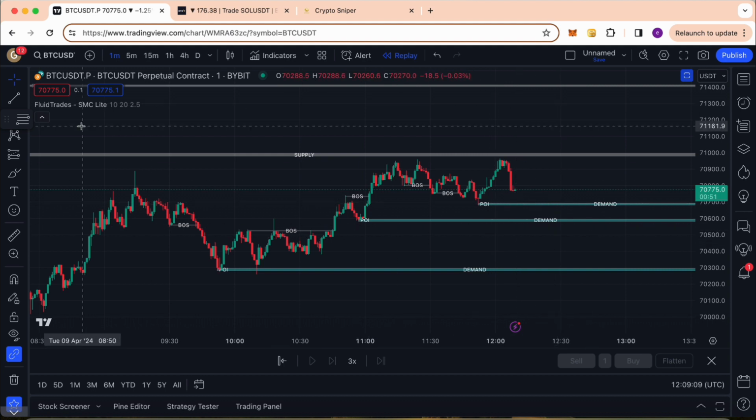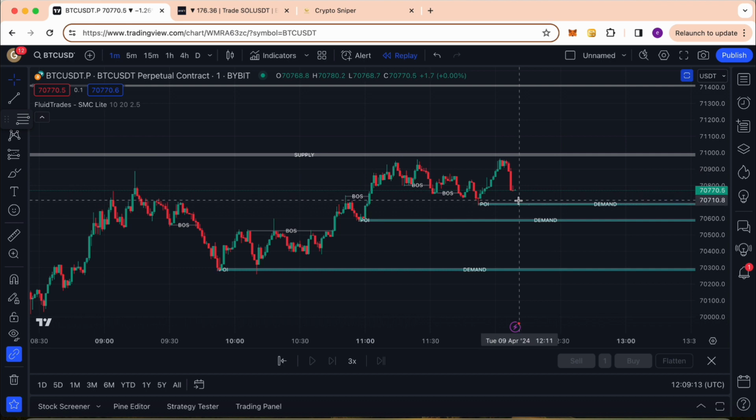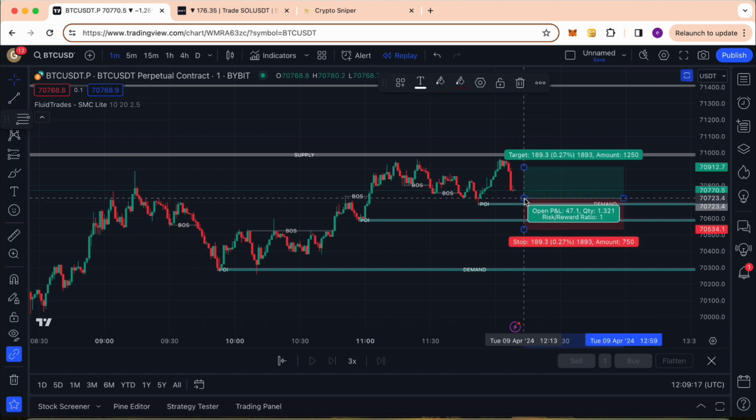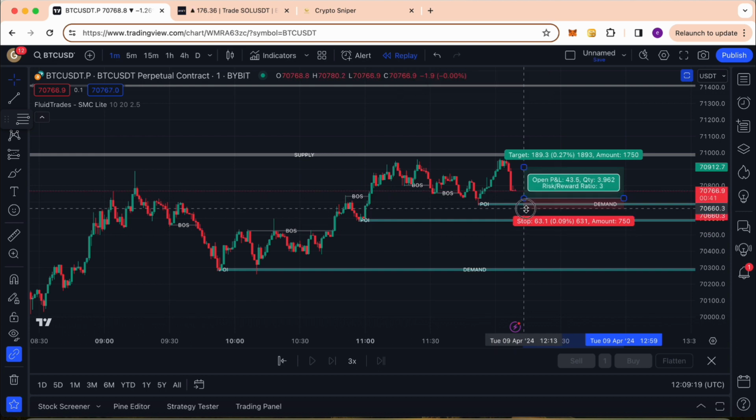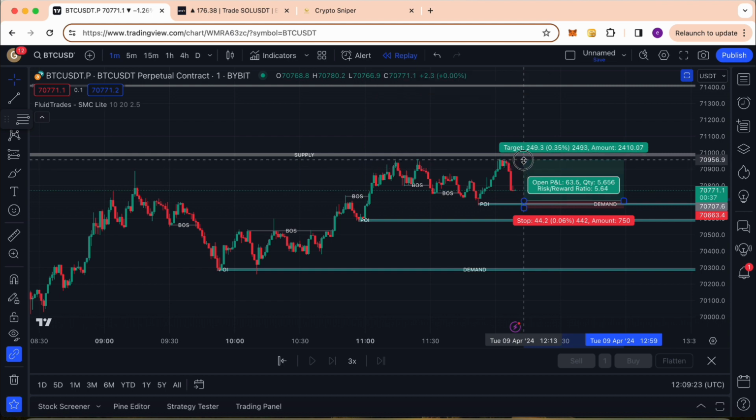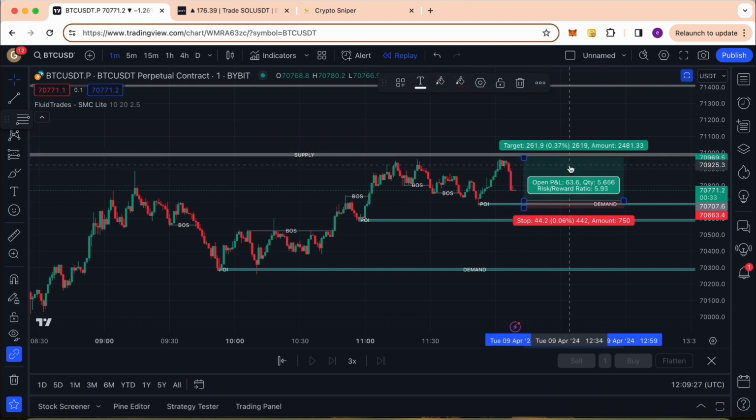Or a little more conservative and a little longer, you can place a long position from here if you see a bounce, once it reaches this level, and so the risk reward ratio is quite a little bit better.